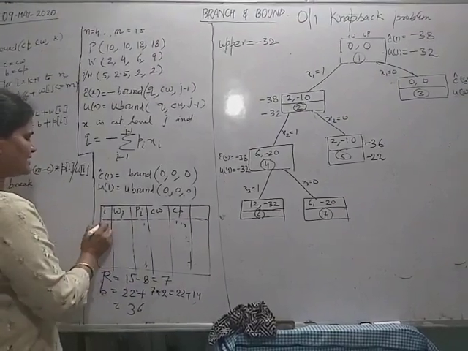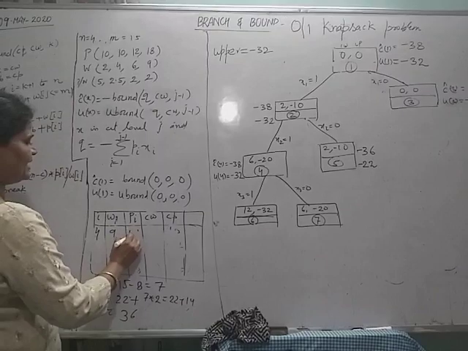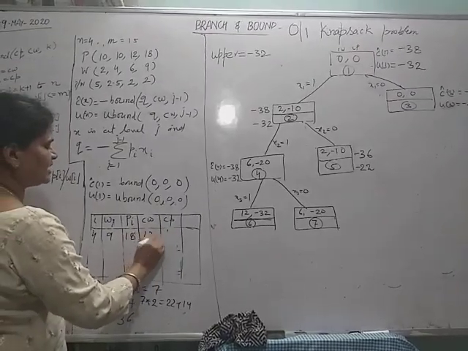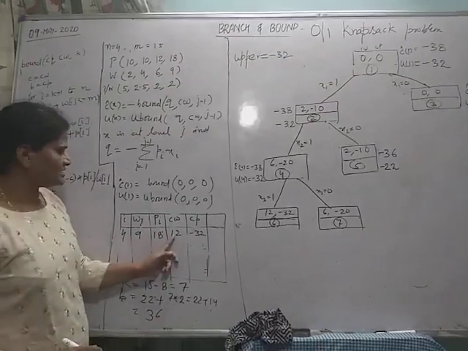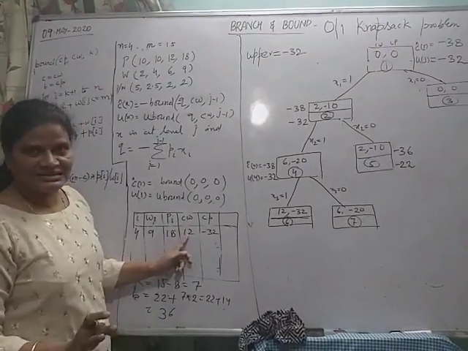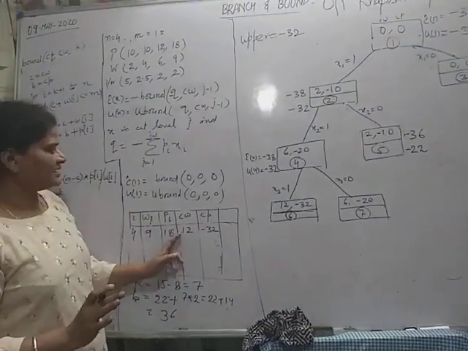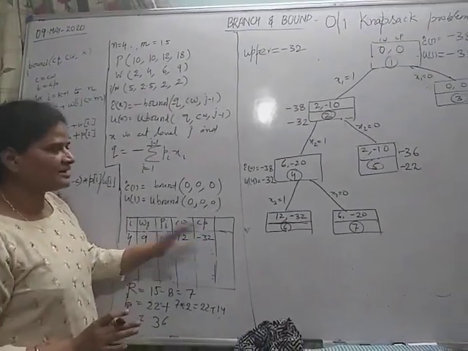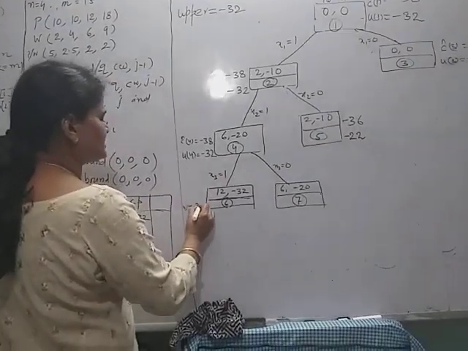So the value of i is 4, W4 is 9, profit 18, CW is 12, CP is minus 32. Now 12 plus 9 exceeds 15, so this weight cannot be added. So it will return minus 32. So U is minus 32.